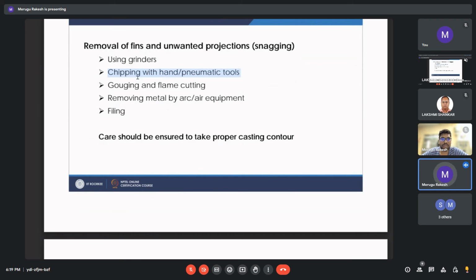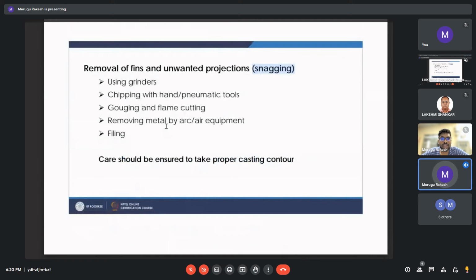We can chip off from the surface, or we can use some pneumatic tools to remove it, or we can use flame cutting as well. Then removing metal by arc or air equipment, then filing. So these are the different methods that we use to remove these fins or unwanted projections. This removal of unwanted projections or fins is also called snagging.